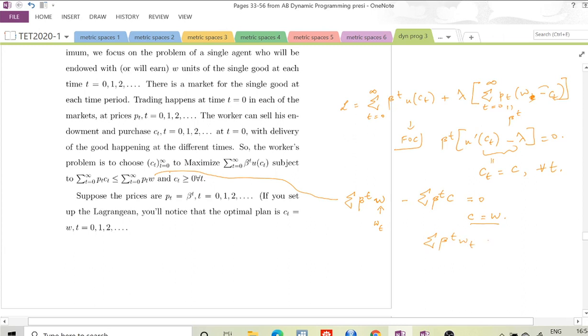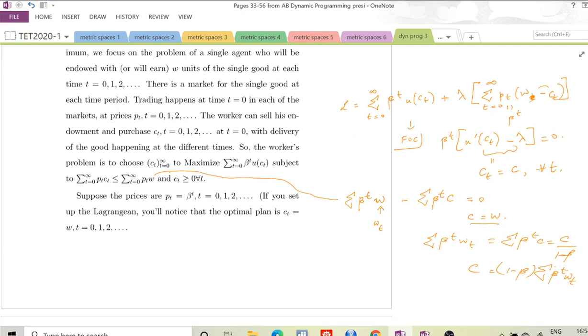It'll be something like this. So that's equal to that, which is equal to that. So yeah, it's something like a permanent income kind of model, a particularly simple one.